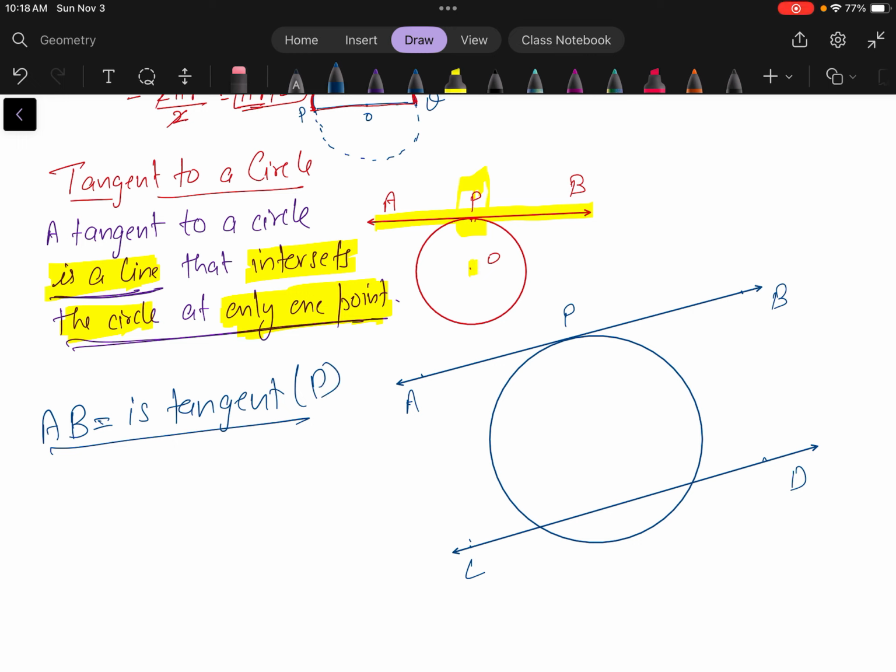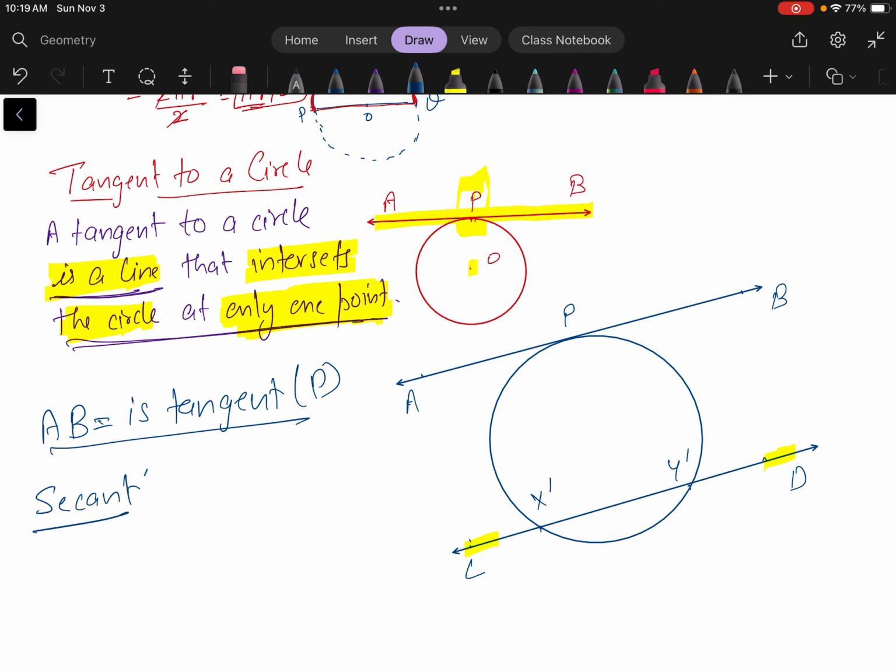Now look at this line CD. Let's assume this is point X dash and this is Y dash. It is intersecting at 2 points. So there is one more term that we will say: secant.